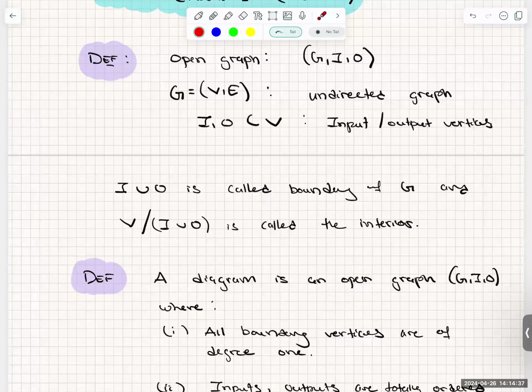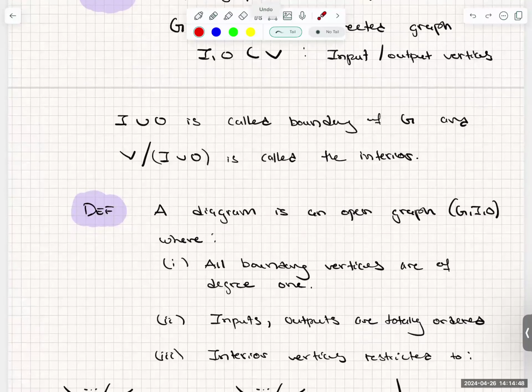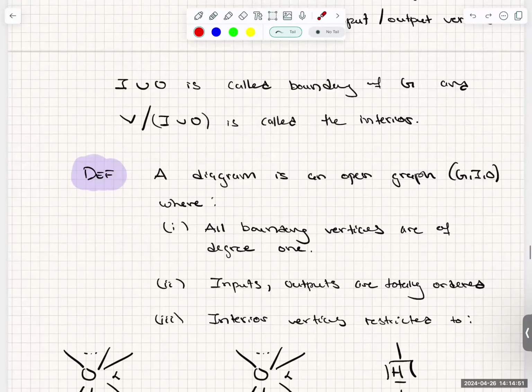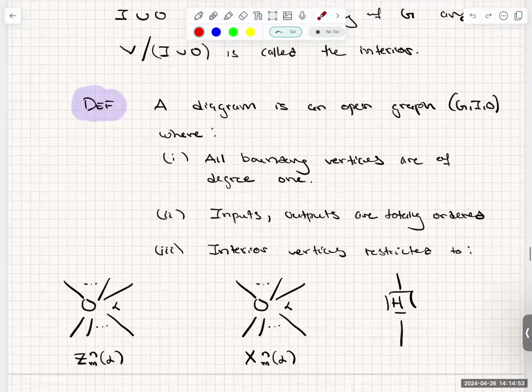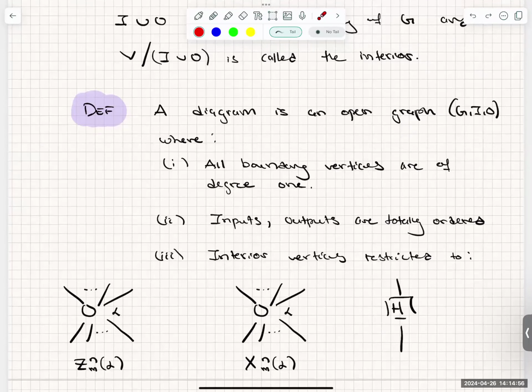Additionally, we say that the union of I and O is called the boundary of G, and V quotiented by the boundary is called the interior, or the graph with the boundary removed. This is the last thing that I want to get away with by just revising the notes that I've already done. And so a diagram is an open graph. So we're defining a diagram in this case. A diagram is an open graph where all the boundary vertices are of degree 1.